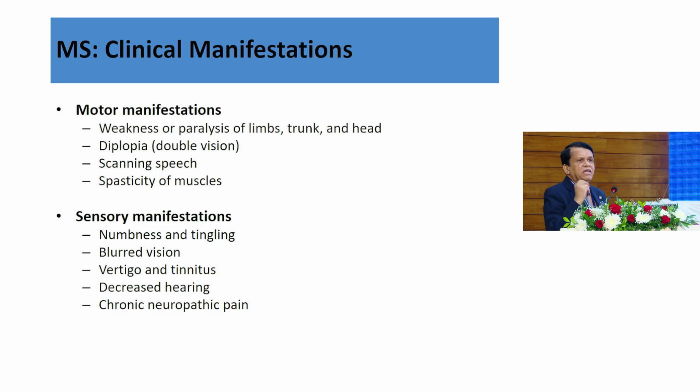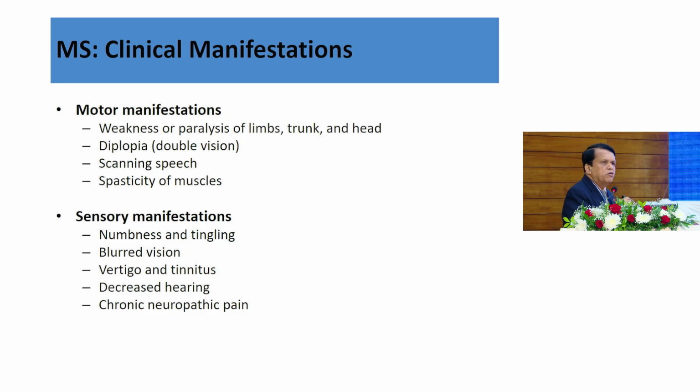What are the clinical manifestations? The clinical manifestations are varied. It affects different axes of the nervous system, starting from the optic nerve up to the lower periphery. And what are the things it can affect? The most important is vision, in the form of loss of vision or double vision, then speech, alteration in speech, then spasticity of the muscle producing corticospinal tract involvement.